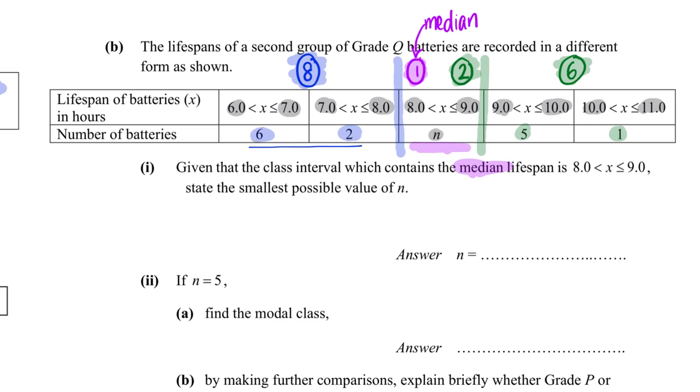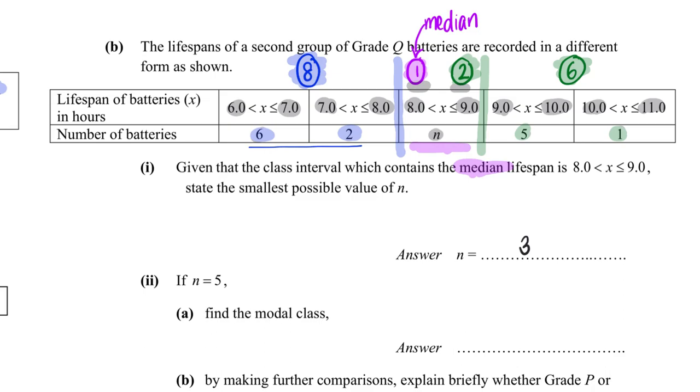Right? So what is the total number for n? 1 plus 2, 3. And this will be the smallest possible value of n.